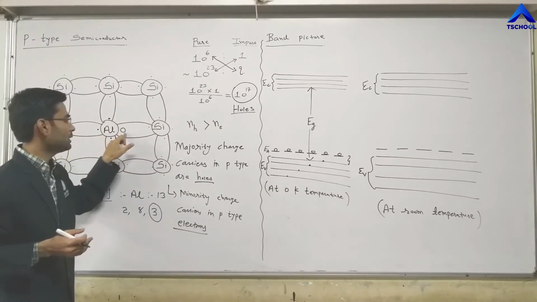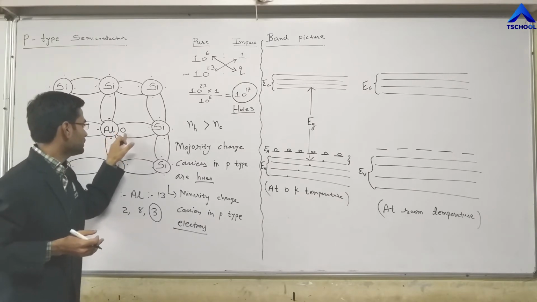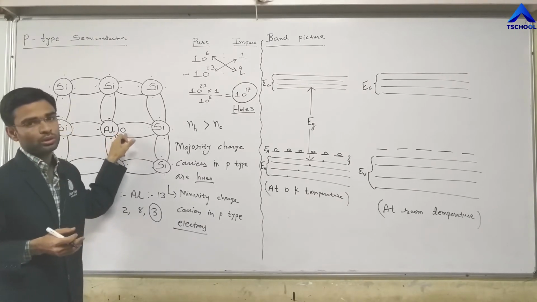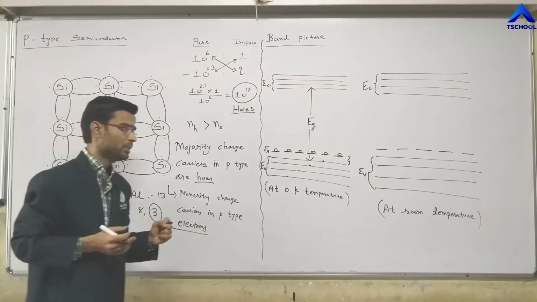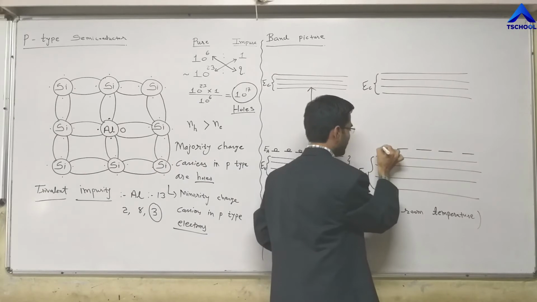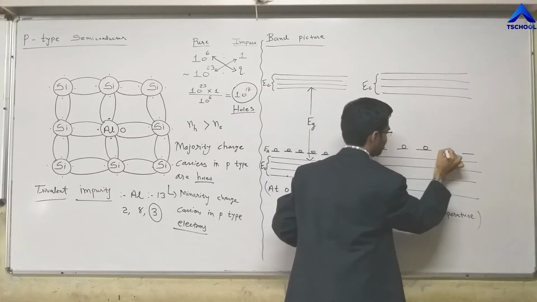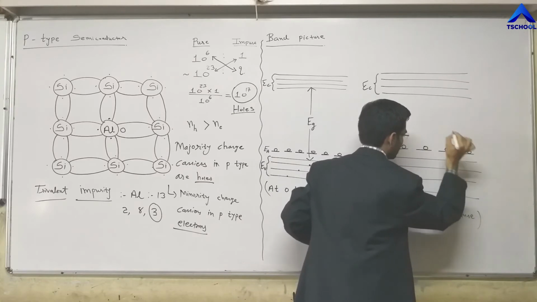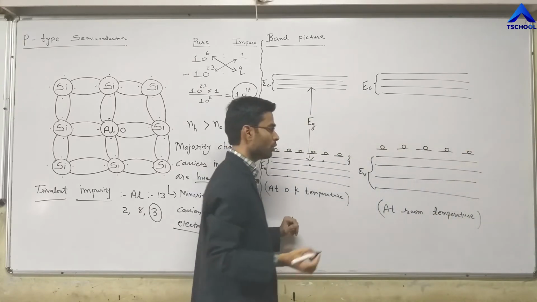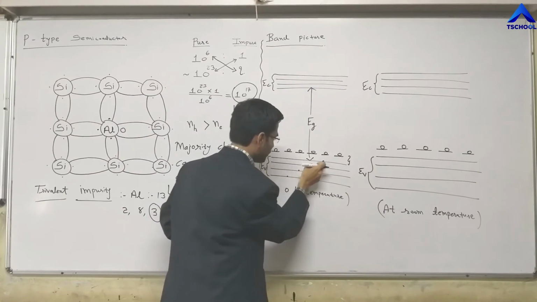Here there is one deficiency, a hole with the ability to attract the electron, meaning the maximum number of electrons freed from the covalent bond are trapped inside the hole. We have seen here that all the electrons are in bound condition.